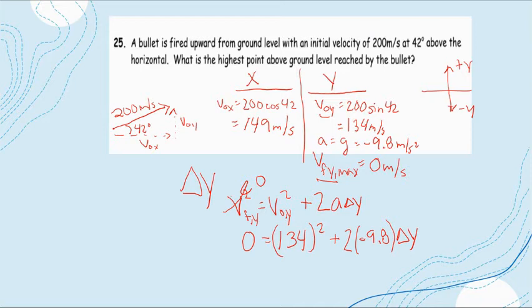So when I bring that negative 19.6 to the other side, I end up getting that my change in y is equal to 913 meters.